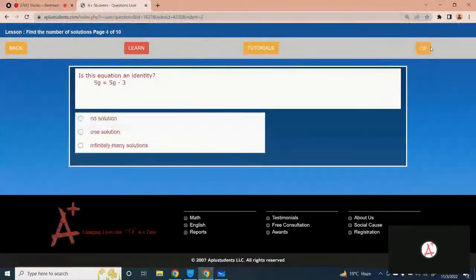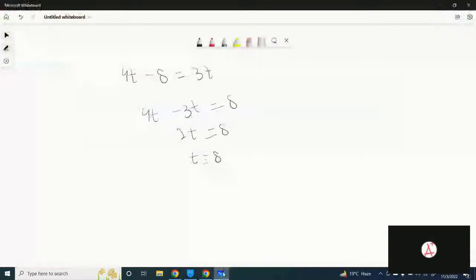Got it? Okay, 5g equals 5g minus 3. Move that 5g to the other side, it would be 5g minus 5g equals negative 3, and 5g minus 5g is 0, so 0 equals negative 3.